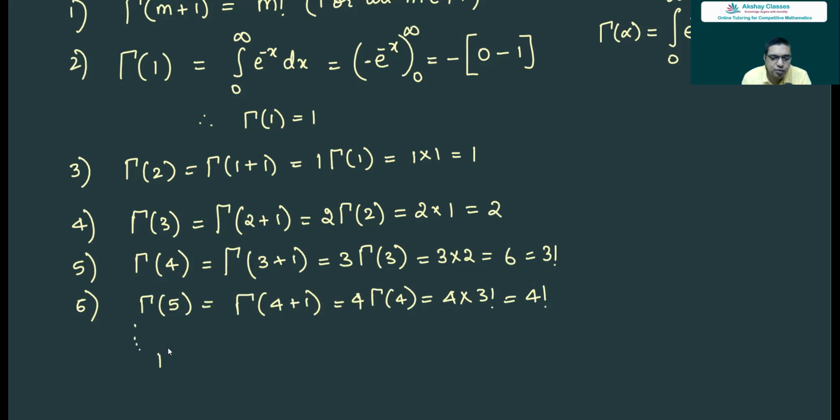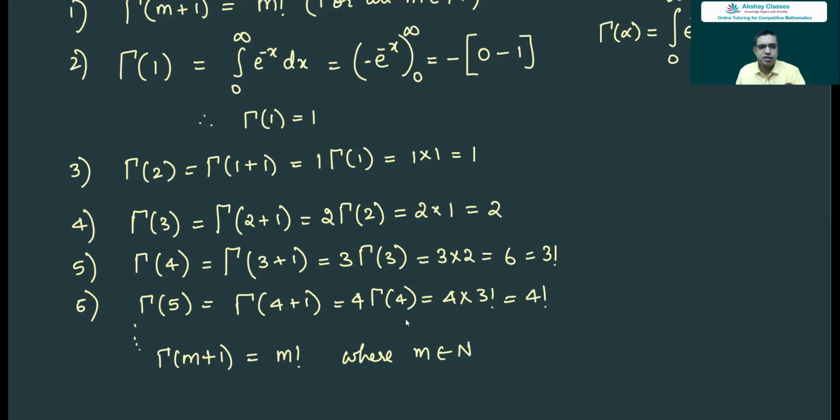So on, you will get gamma of m plus 1 is m factorial, where m is a natural number. So this is a very important result related to the gamma function.